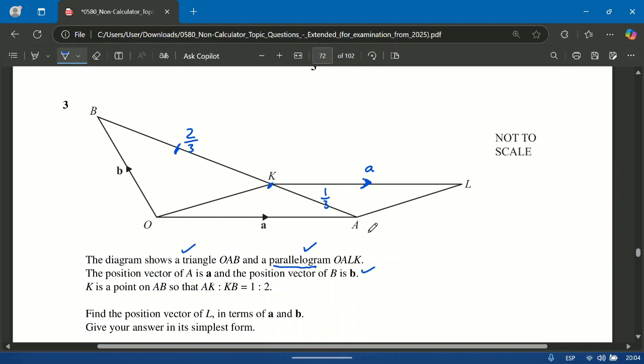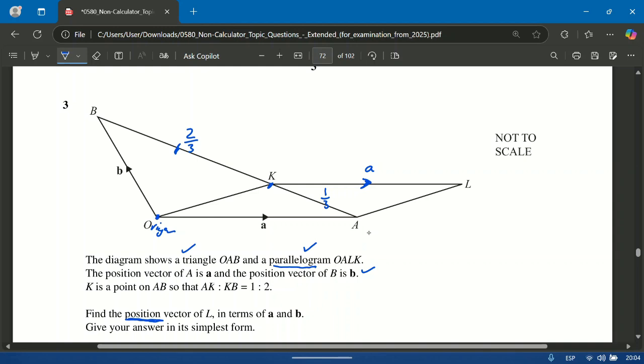So then it says find the position vector. Now that is another thing we need to understand. Vectors often have an origin. There it is, origin. That's what that O stands for. That is where all the vectors originate from.